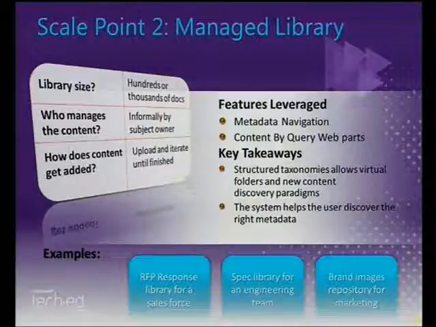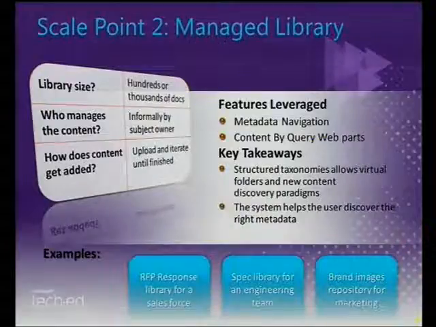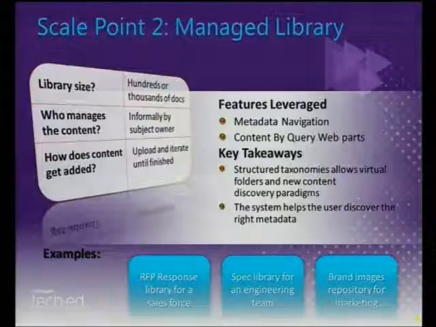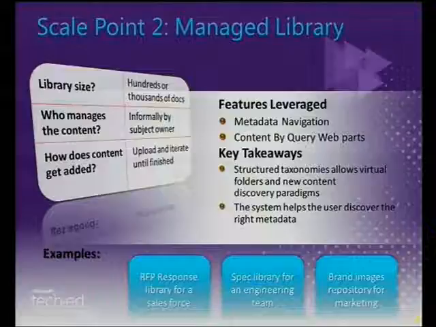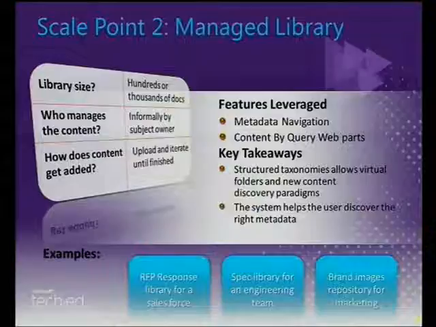And the thing that I find very interesting, and Elaine and I talked about this a bit, is when it comes to arranging your taxonomies, I cannot tell you how performance is hit if that's not thought out very thoroughly. So looking at the managed library scenario here, you need to really understand how to architect your information architecture strategy to be able to deliver that performance to your user.